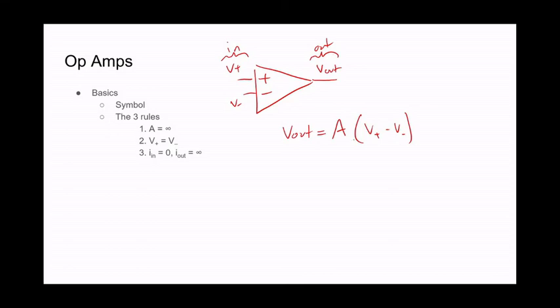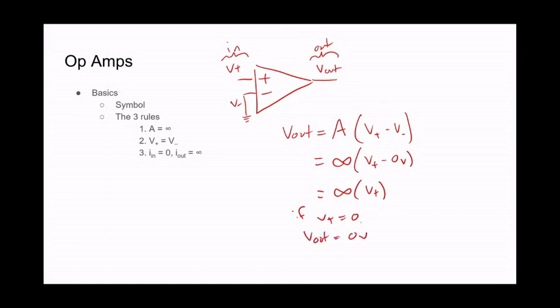If we have infinity here, let's say we set V negative equal to ground, or 0 volts. Now we have V positive minus 0 volts, which simplifies to infinity times V positive. So if V positive equals exactly 0 volts, or whatever V negative is, then V out would equal 0 volts.